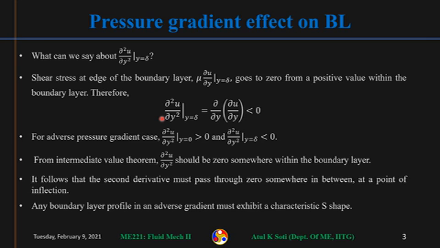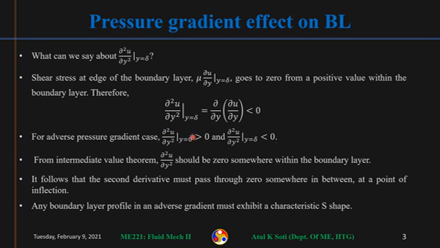At the edge, irrespective of pressure gradient, this is always negative, but at the wall it depends on the sign of the pressure gradient, adverse, favorable, or whatever. So for adverse pressure gradient, that means dp by dx greater than 0, at the wall del 2u by del y2 is positive, and at the edge it is negative.